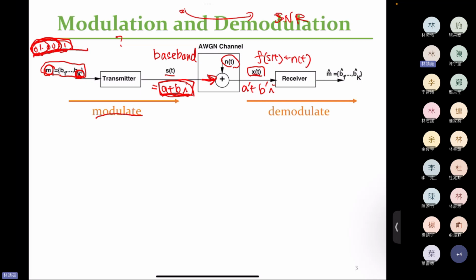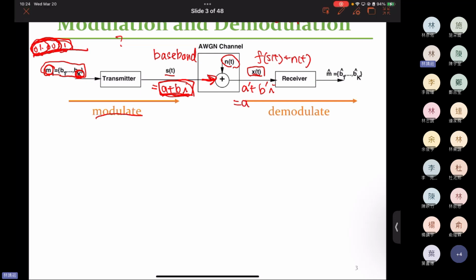So you can imagine that this A prime plus B prime I will be something like A plus BI plus some small delta, small noise. Right? So given this A prime plus B prime I, you have to convert this complex number back to the bit stream such that we can recover the original bit stream. So this process is what we call demodulation.